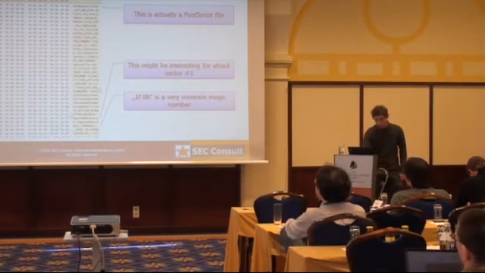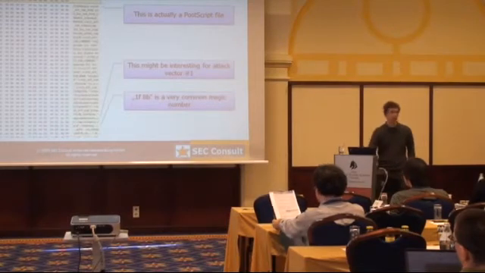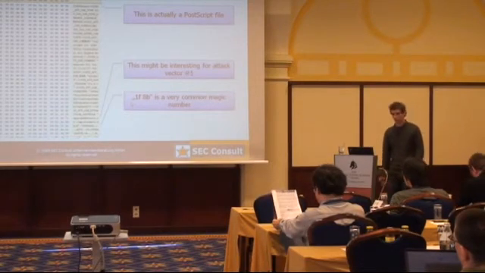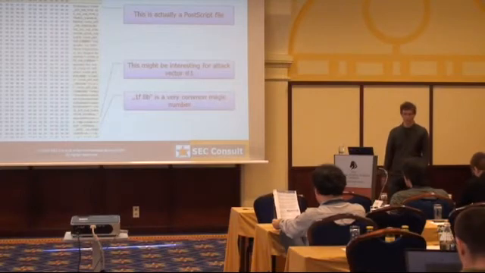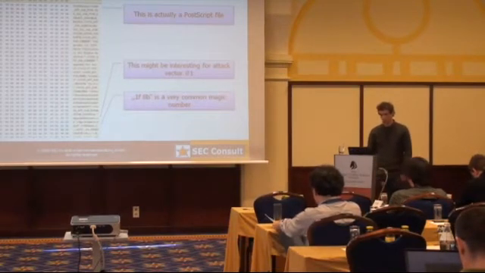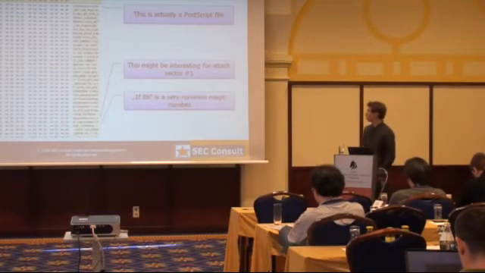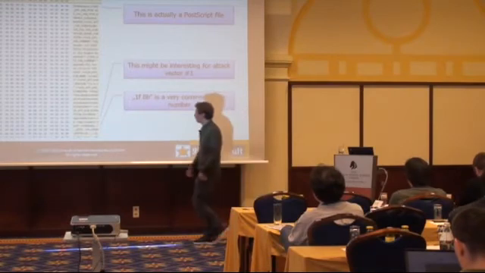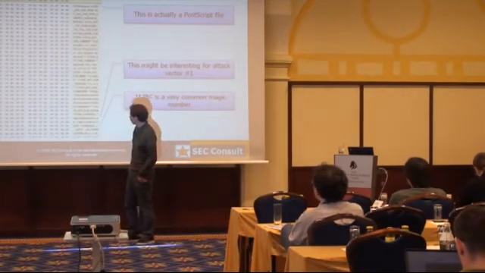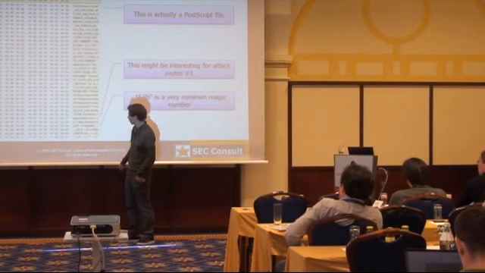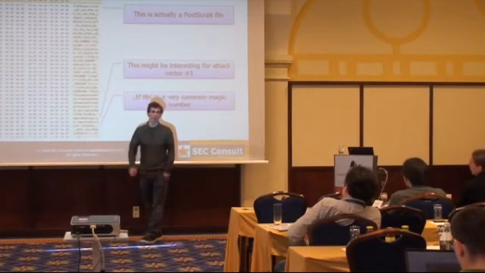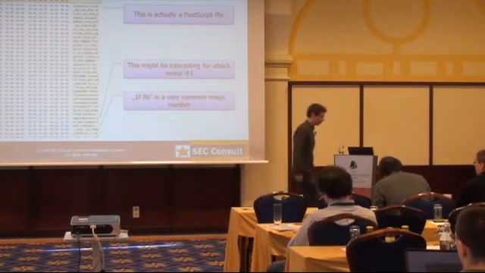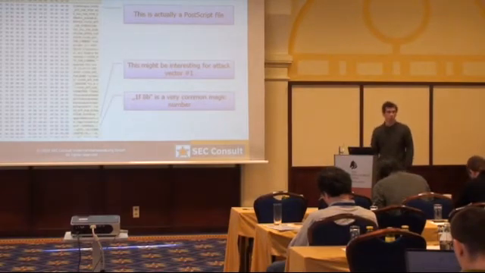After the initial PostScript header, you have an embedded file, and you find all these kinds of magic numbers. For example, 1F8B is a very common magic number, which we'll see on the next slides. Also interesting, maybe for attack vector number 1, is that here it says extraction criteria upgrade extract.sh with a path. So this is obviously just some shell script which runs.